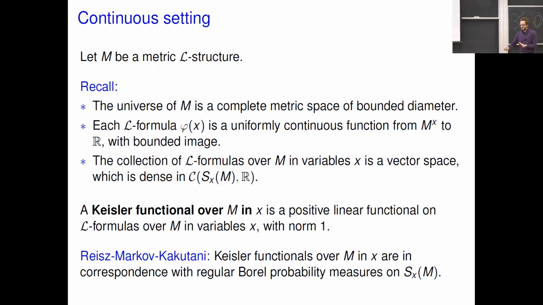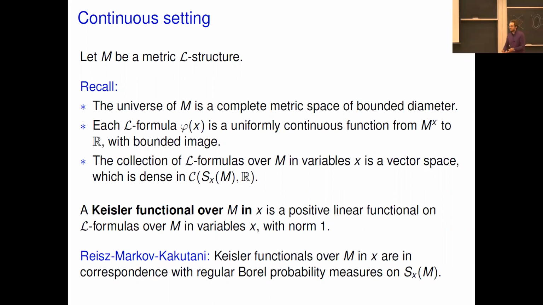Okay, in the discrete setting, you start with a probability measure on formulas, and then you go to a Borel measure on the type space. We can do the same thing here, but instead of starting with a probability measure on formulas, we start with a linear functional on the vector space of formulas. So in continuous logic, you could say a Keisler functional over the structure in your variables X is a positive linear functional on the vector space of formulas of norm 1, which is reflecting a probability measure. Okay, you don't have to think about functionals for the talk.